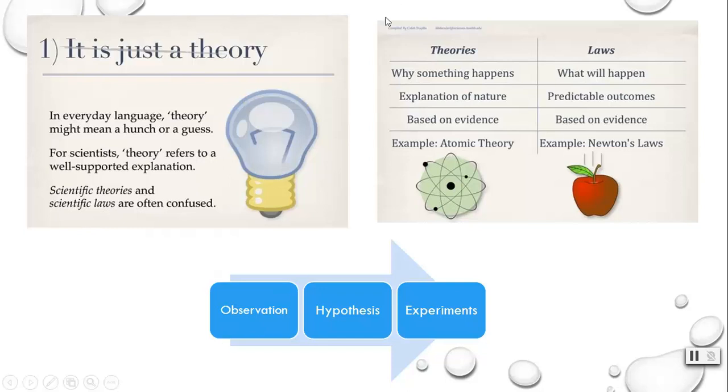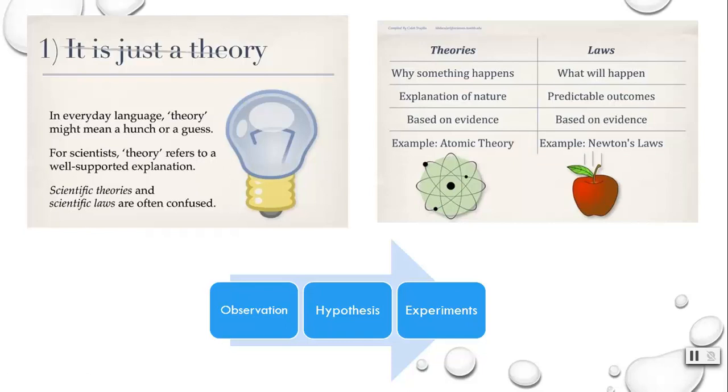A theory explains why something happens, whereas a law says what will happen. So, for example, take the law that an apple falls from the tree because of gravity.